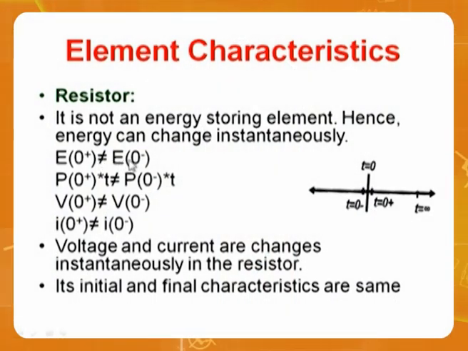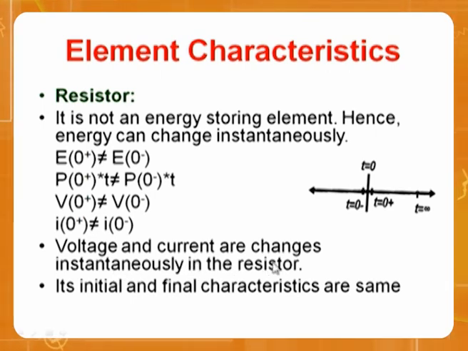They can be different. For example, just before switching, if it is 0, just after switching it can be something, because it is not storing, it doesn't require any time. Therefore energy can change, power can change, and therefore voltage can change, current can change.